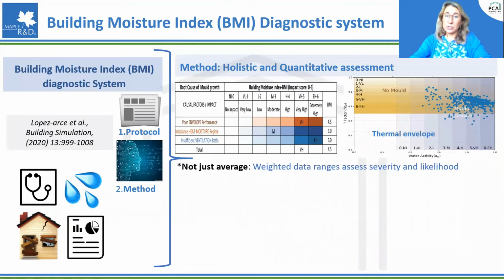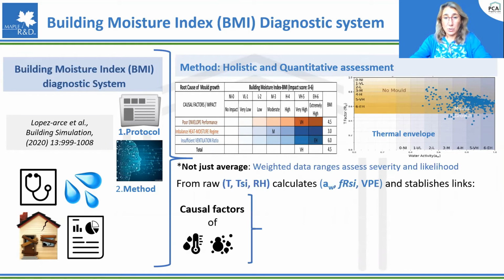But BMI is also a method, a holistic and quantitative assessment, not using just average values, but also using weighted data ranges to assess the severity and likelihood of critical parameters leading to the problem of condensation and mold.